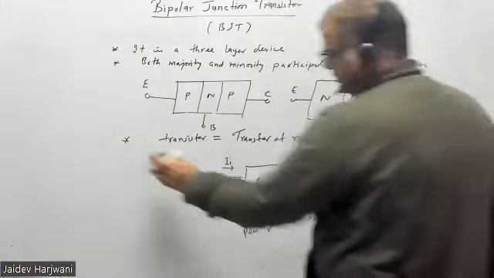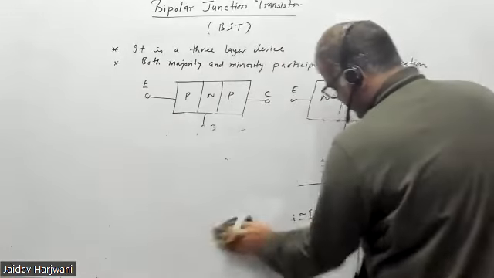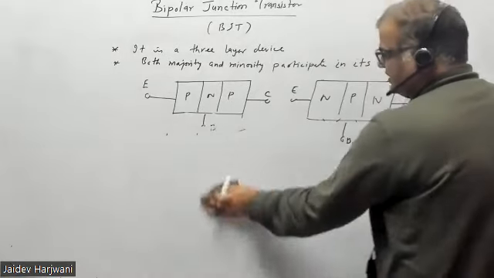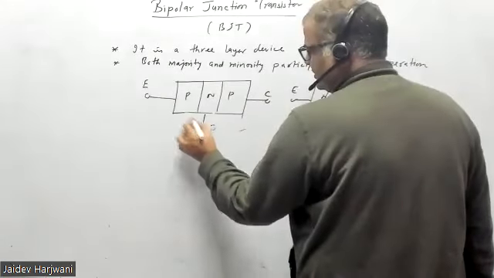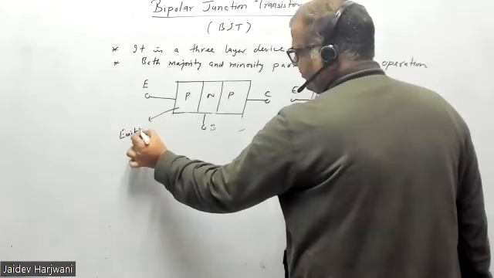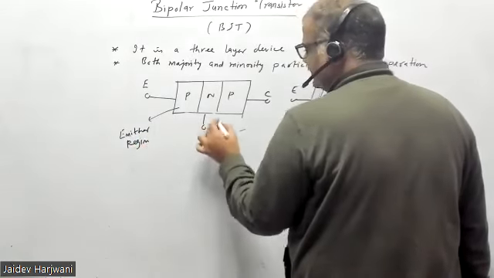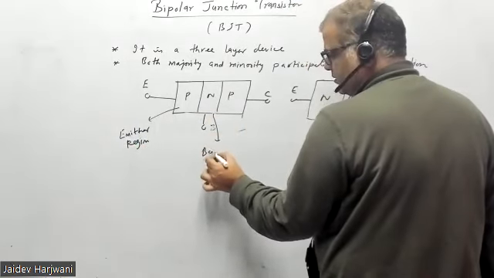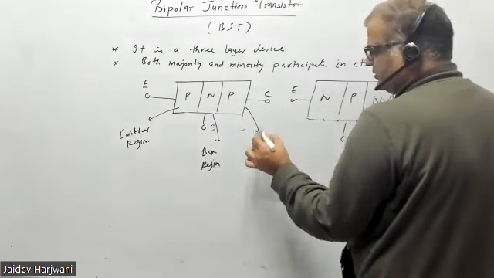Now let us understand. The first region is called your emitter region. This is your base region, the middle part, and this is your collector region.